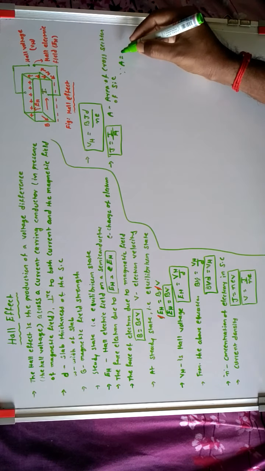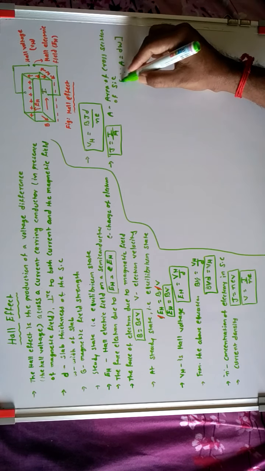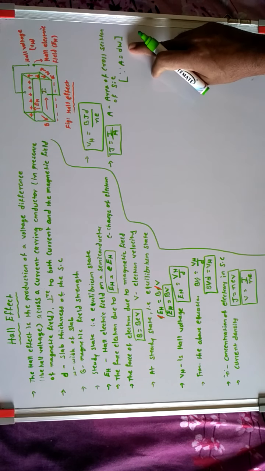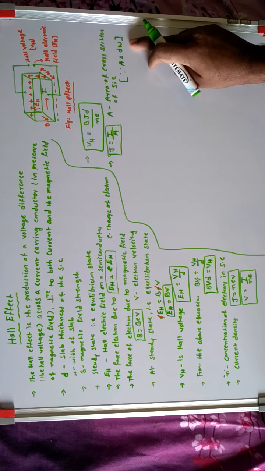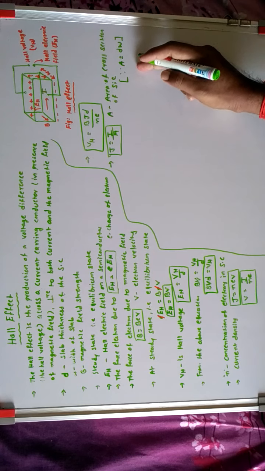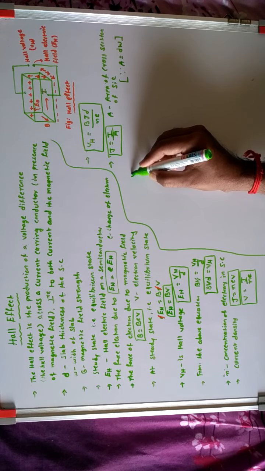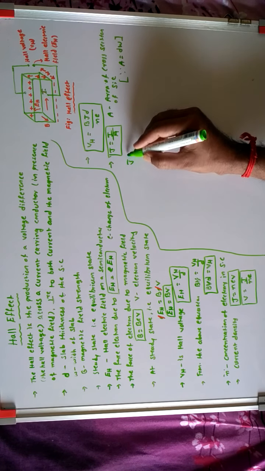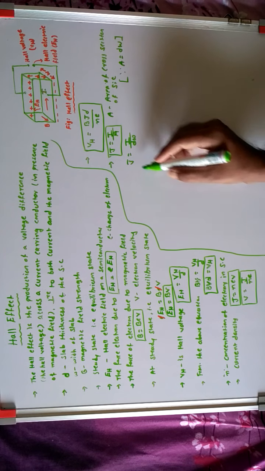Therefore A equals D into W, that is thickness into width. D is the slab thickness of the semiconductor, W is the width of the semiconductor. Substituting the A value, J equals I by DW.